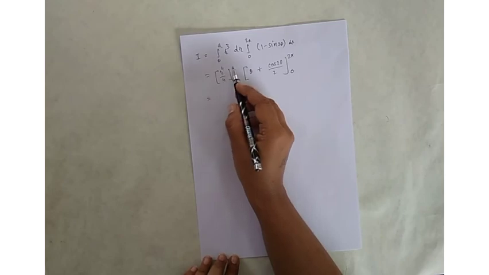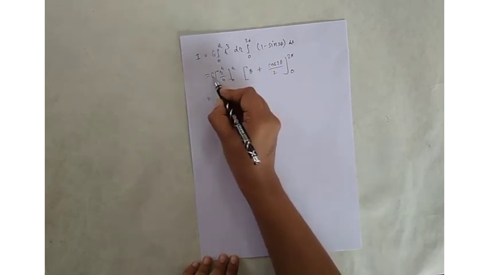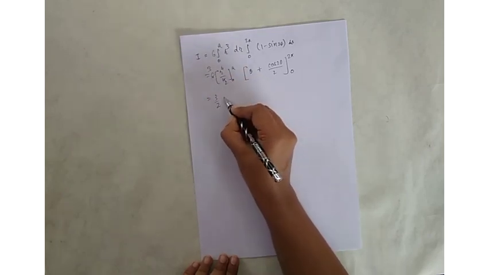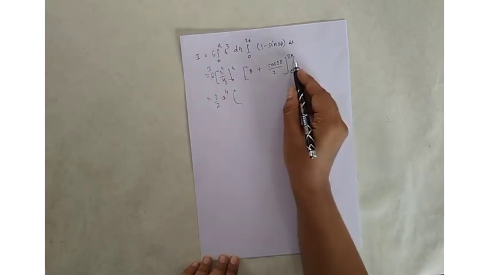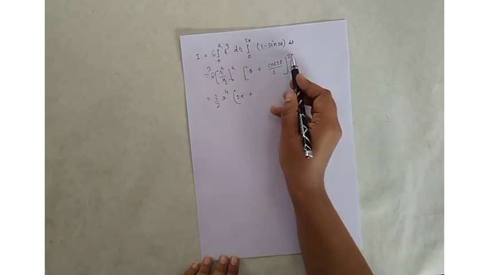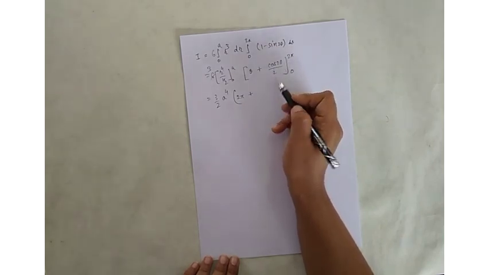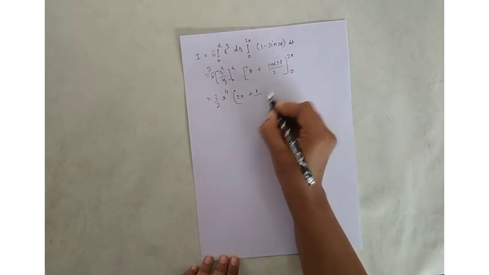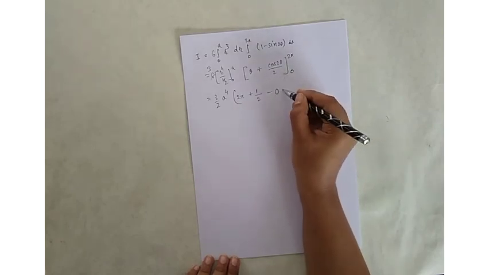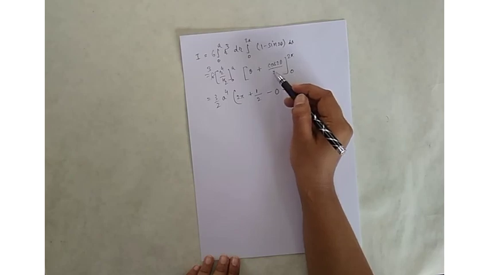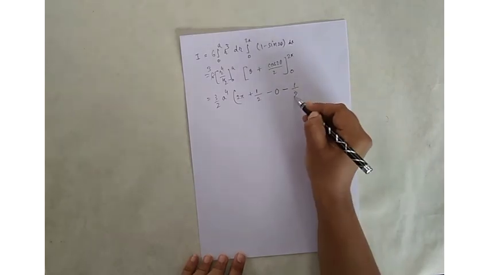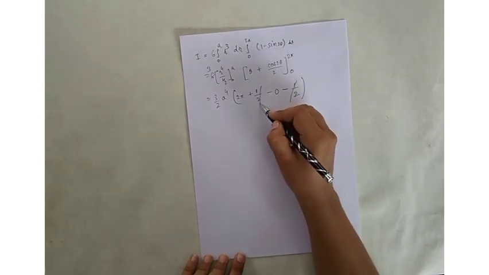Put the value of r equal to a, so here 6 by 4 gives 3 by 2, a raised to 4. Put theta equal to 2 pi: 2 pi plus cos of 2 into 2 pi, that is cos 4 pi by 2, and cos 4 pi is 1, so 1 by 2, minus, when you put theta equal to 0, the first term becomes 0, and cos 0 is 1, so 1 by 2, so this cancels.